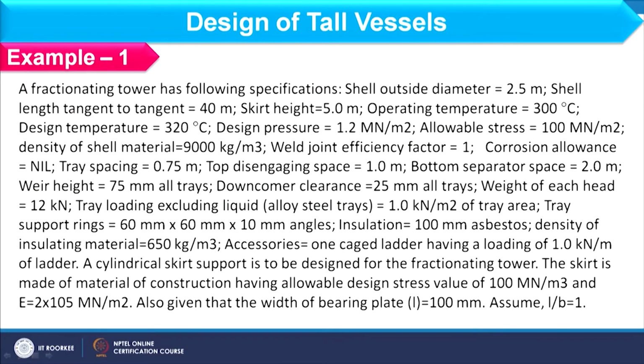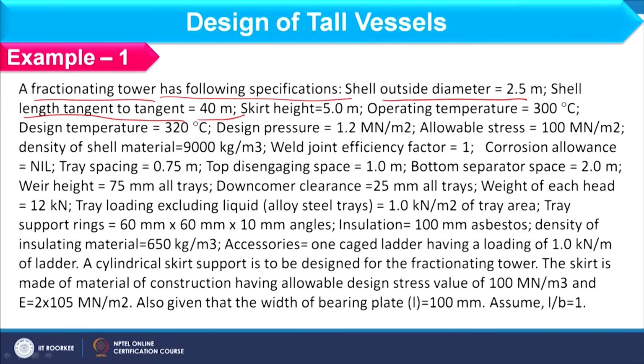So, in this example, a fractionating tower, that is the distillation column, is to be designed with the following specifications. That is, shell outside diameter is 2.5 meter, shell length tangent to tangent is 40 meter. Okay, what is the meaning of this?